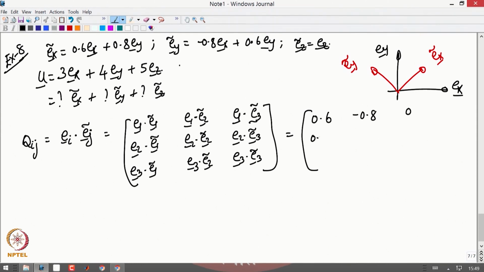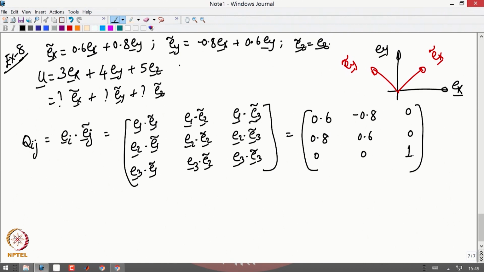Similarly, E 1 tilde dotted with E 2 is 0.8, and this will be 0.6, 0, 0, 0, 1. That will be your transformation matrix.